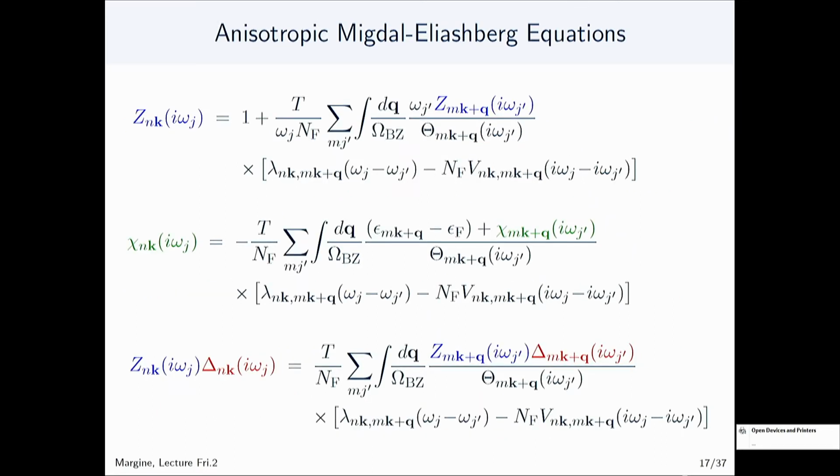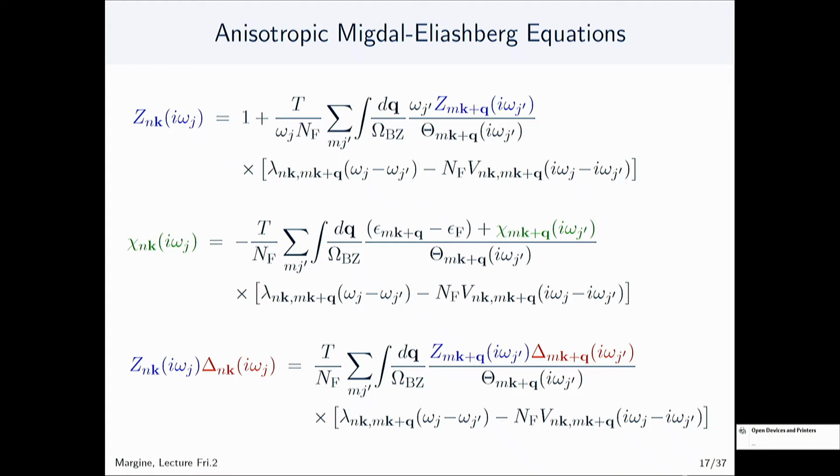So basically we have three equations, and you can see that two of them are coupled. If you were to solve this, you would need to do it self-consistently, because the terms Z, chi, and delta appear both on the left and on the right side.